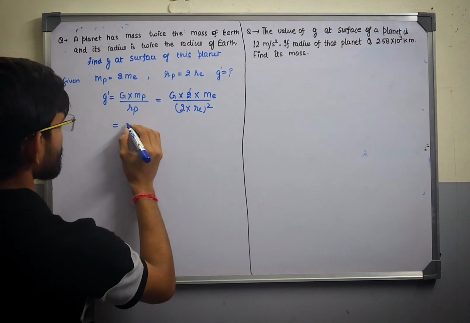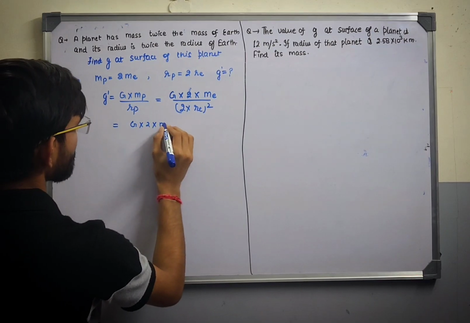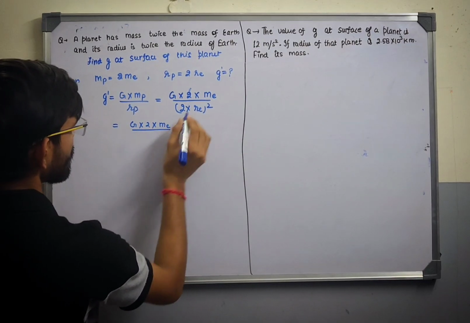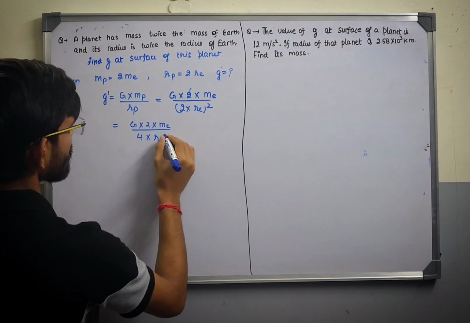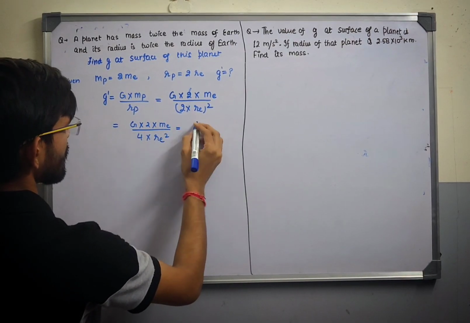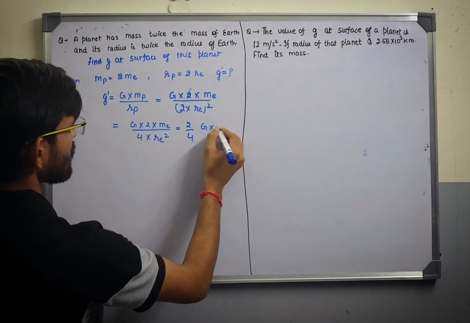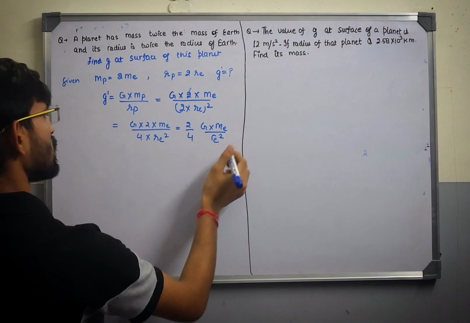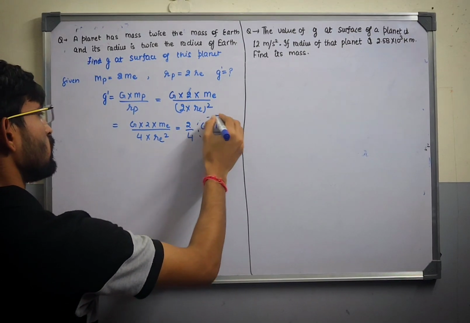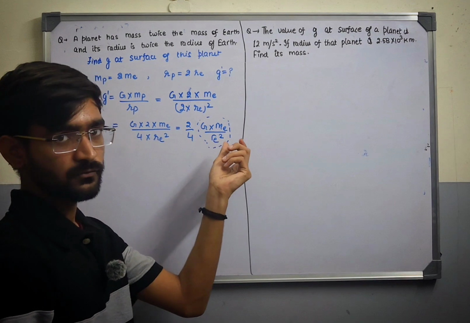So on solving this, g into 2 into me upon 4 into radius of Earth whole square. This I can write as 2 upon 4 into g into mass of Earth upon radius of Earth whole square. The value of this term is g into mass of Earth upon radius of Earth whole square.